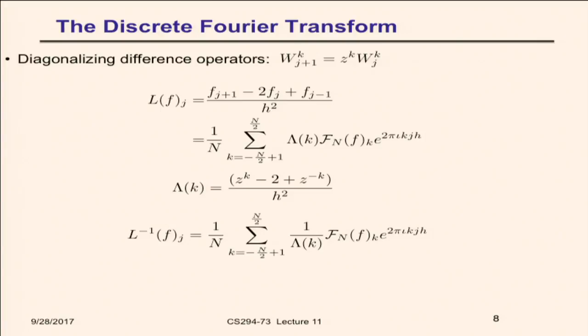So in particular, if I wanted to find L inverse of f, I take the diagonal terms, I expand in terms of the basis that diagonalizes L, and instead of multiplying by lambda, as I would if I were applying L, to get L inverse, I multiply by 1 over lambda. So you now have a very cheap way, if you can get the discrete Fourier expansions, of computing inverses of constant coefficient operators.